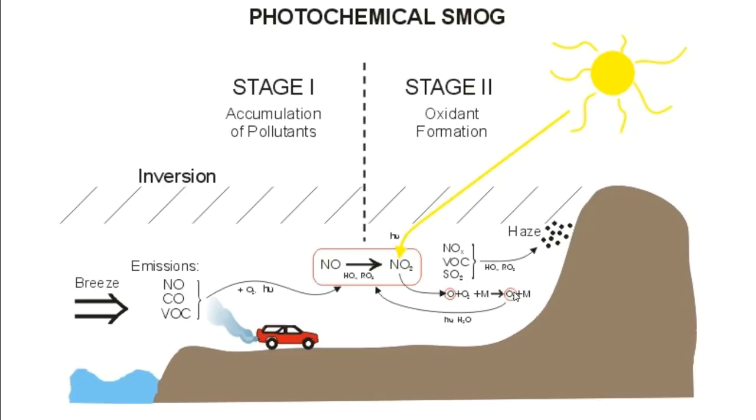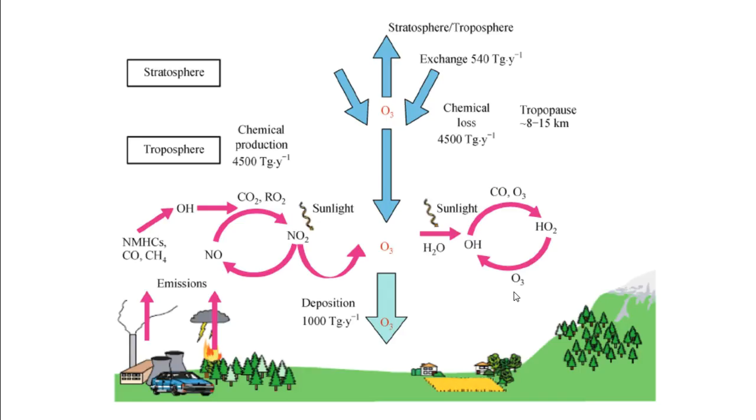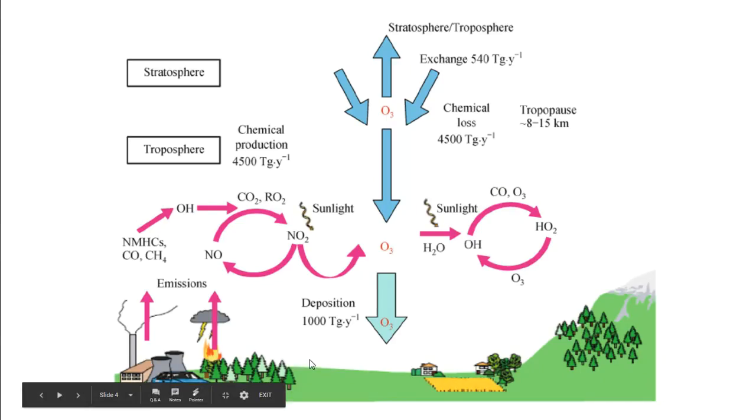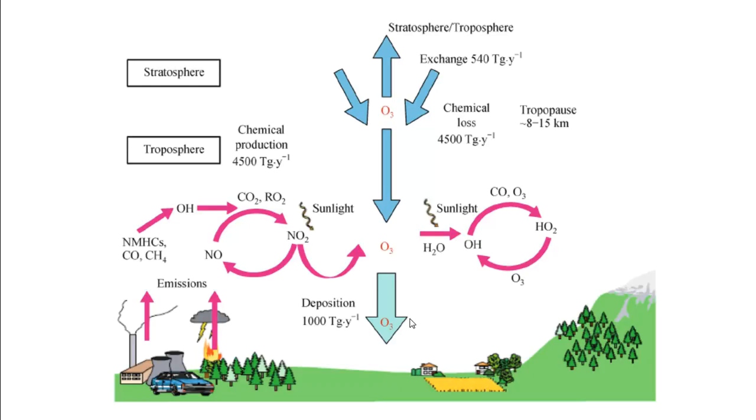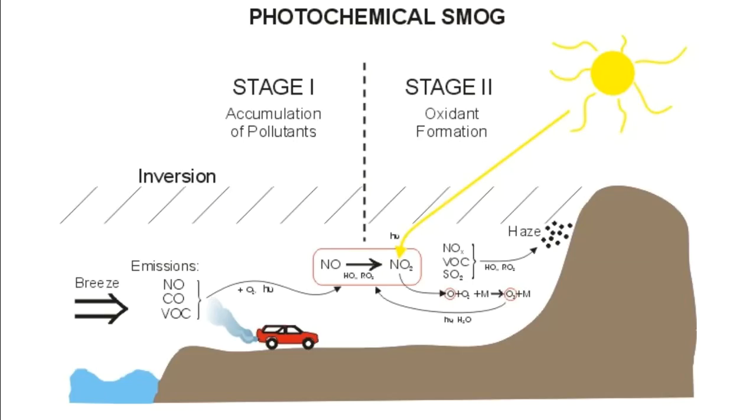And then that ozone does a couple of things. It can be deposited on plant surfaces and in the ground. It can go up into the upper troposphere, and it moves around. It gets cycled around within the troposphere, but below the inversion layer, looked at in this screen, of course, that's what's creating your photochemical haze.